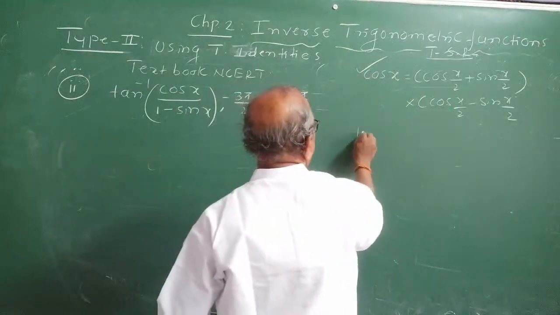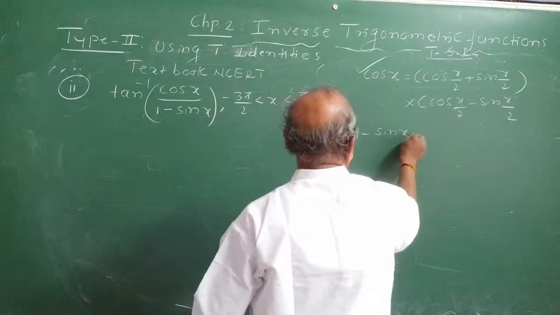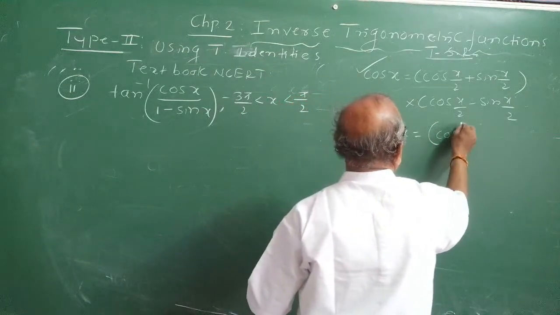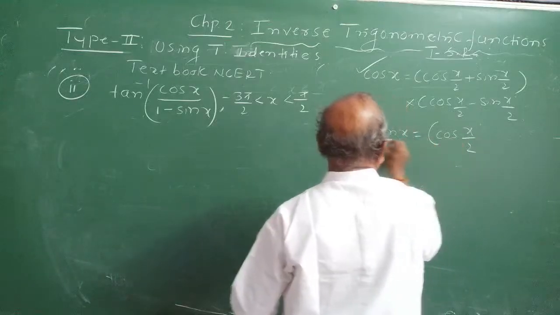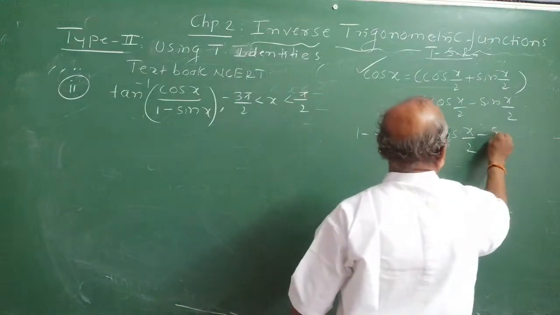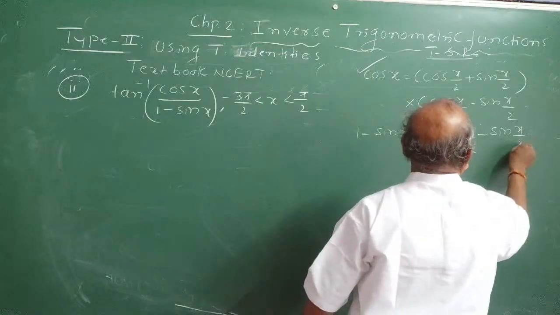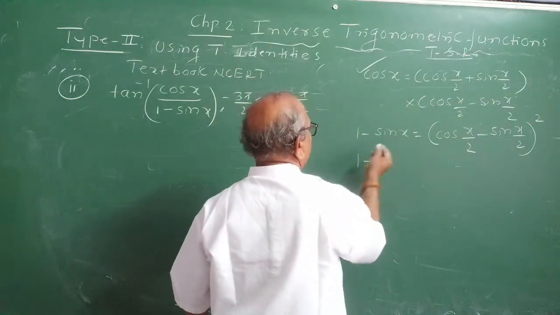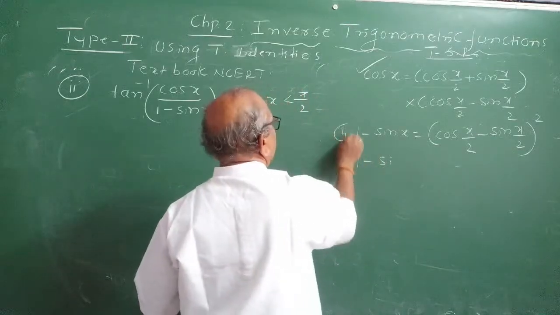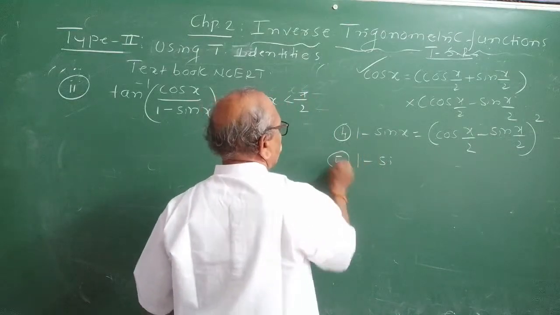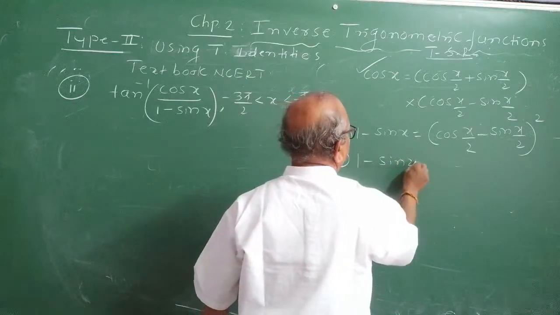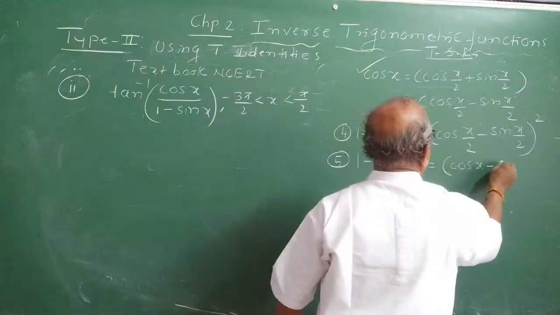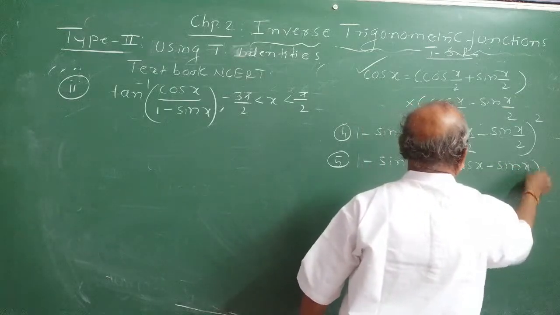1 minus sin x, use common sense. 1 minus sin x, I think I can write it as cos x by 2 minus sin x by 2 the whole square. Or even if it is 1 minus sin 2x, you can note down this as fourth result. This is fifth one. 1 minus sin 2x can be written as cos x minus sin x the whole square.